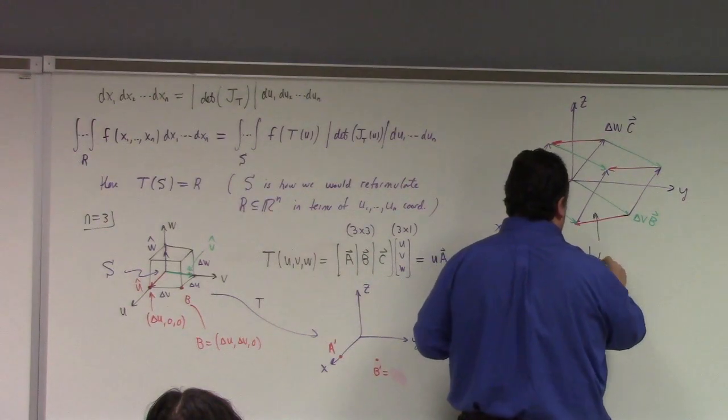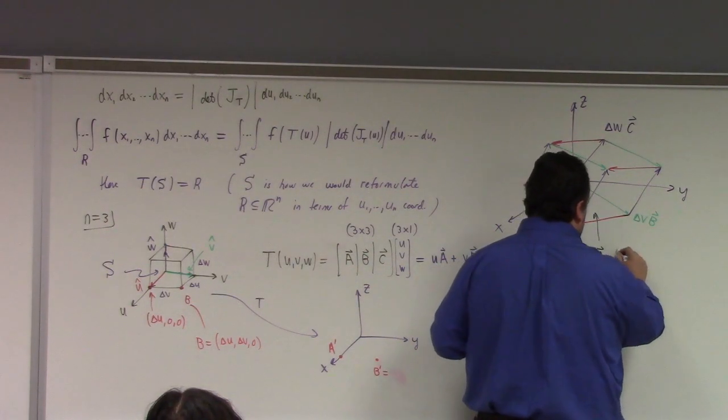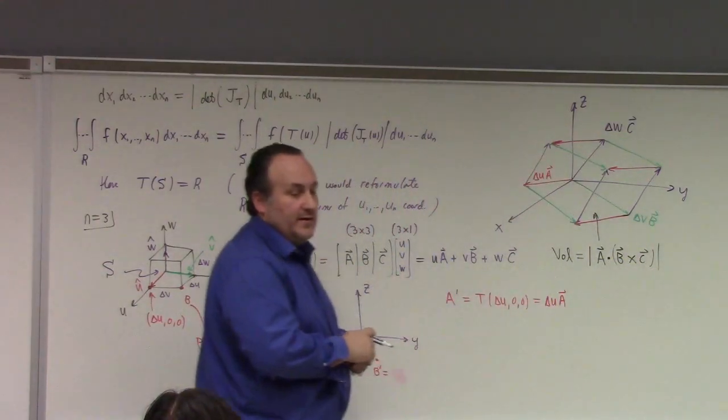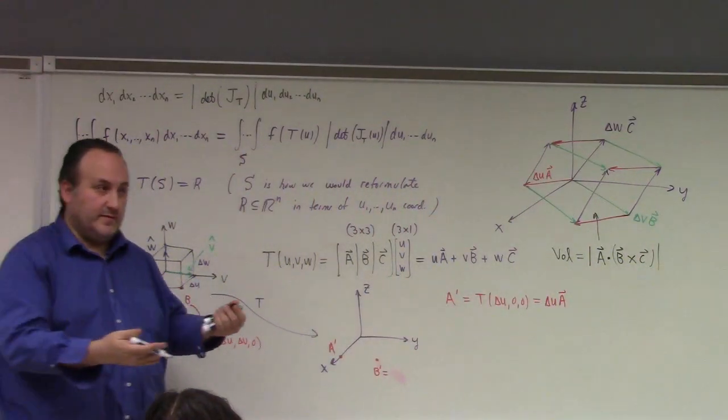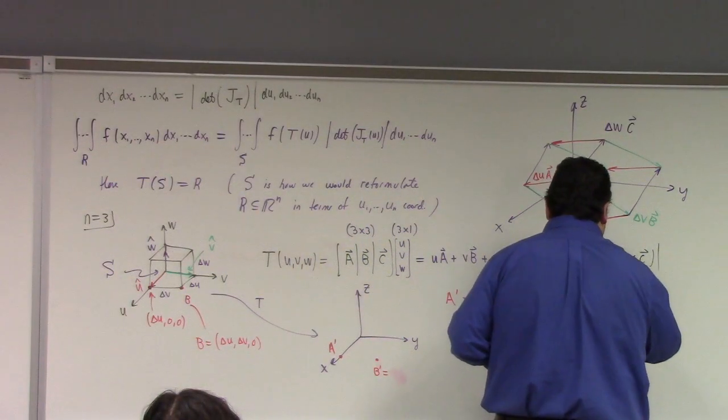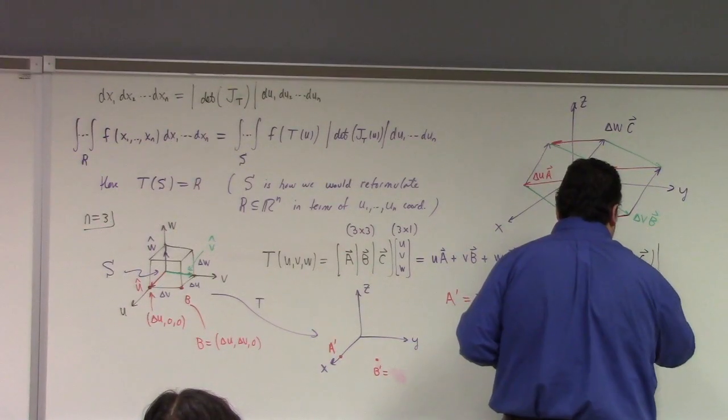Absolute value of A dot B cross C, right? We could use the triple product to calculate the volume of the parallel pipette. But remember, there was another formula, which actually was the determinant of A, B, C.